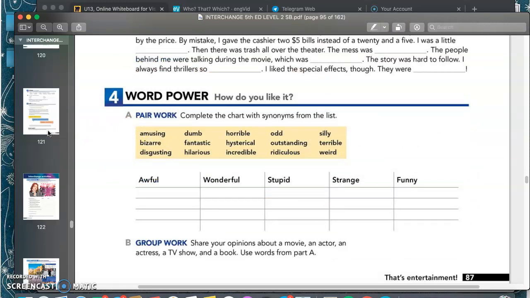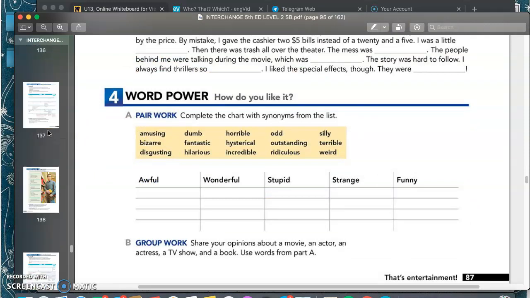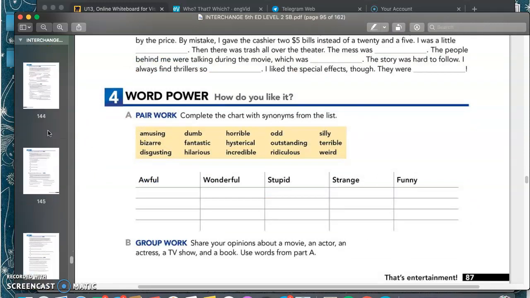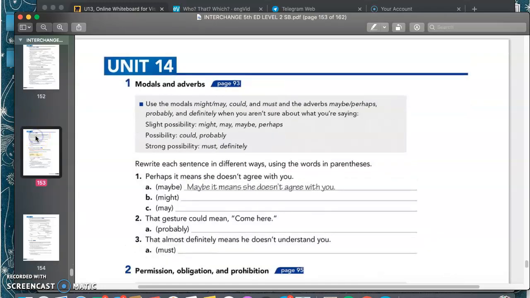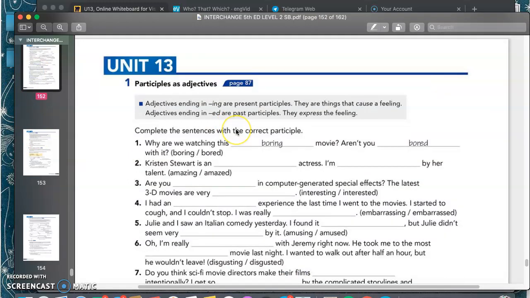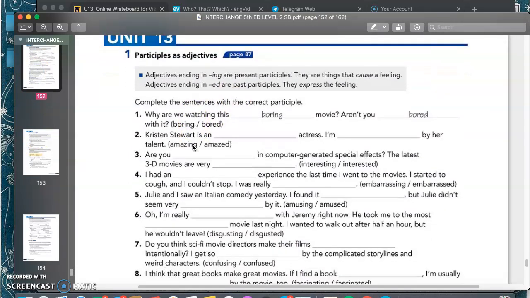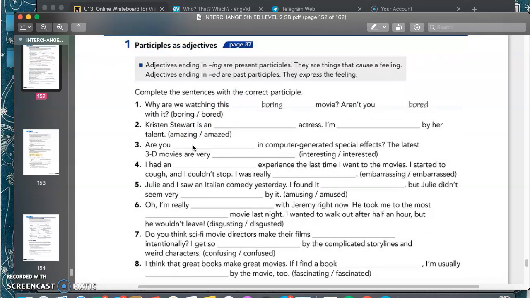Here in the book we have an exercise, which is of course the grammar plus. So here we have participles as adjectives. We need to complete these sentences using the participle, in past or in present.